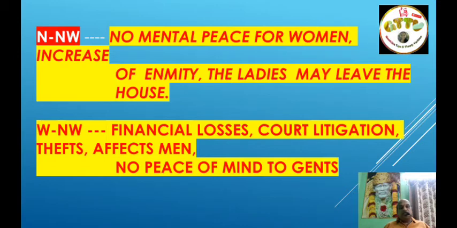Ladies may leave the house also. West of northwest causes financial losses, court litigations, and also thefts, affects men, no peace of mind to the gents. So see, there's a lot of variation. All the problems, these are being listed based on my experience of 3 decades. It's practically proven.